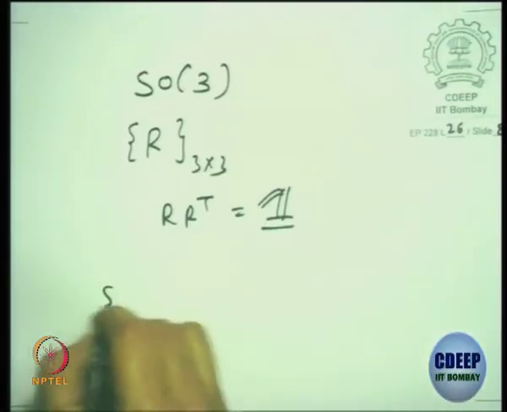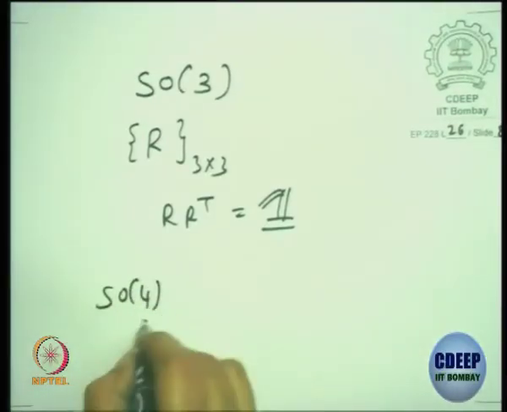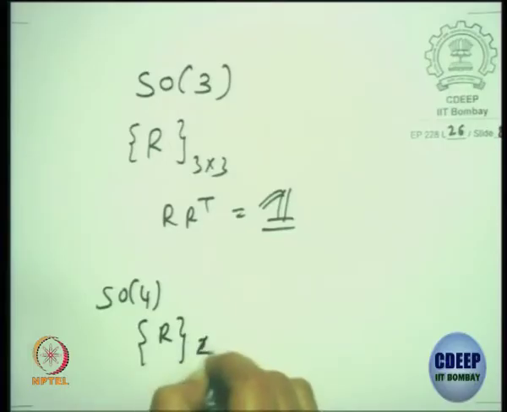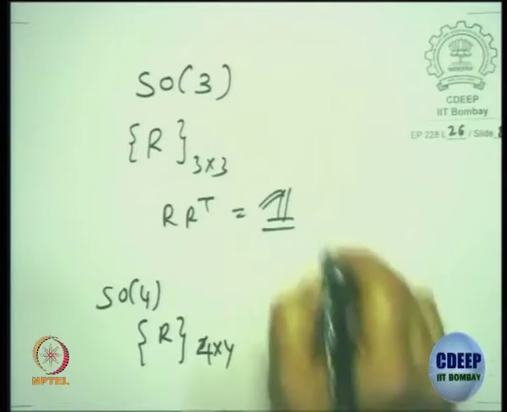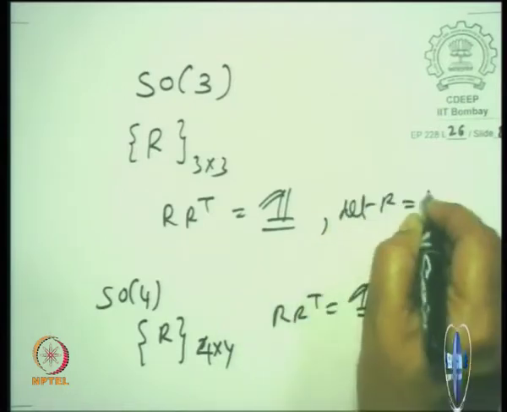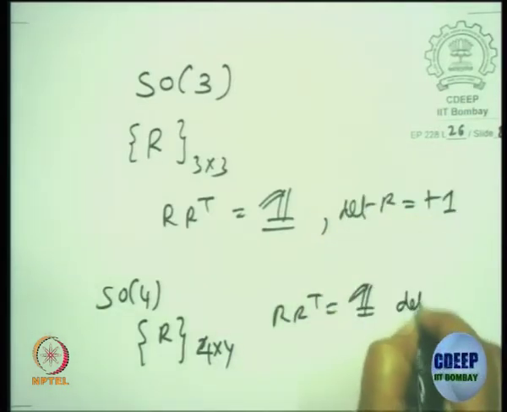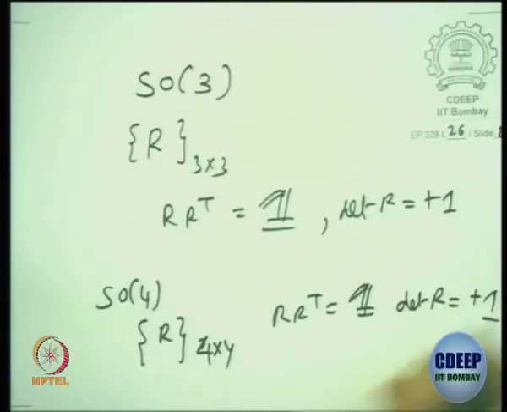I am just trying to tell you SO4 is again a collection of R matrices which are 4 cross 4 with R R transpose to be identity and determinant of R is 1. That is the definition.